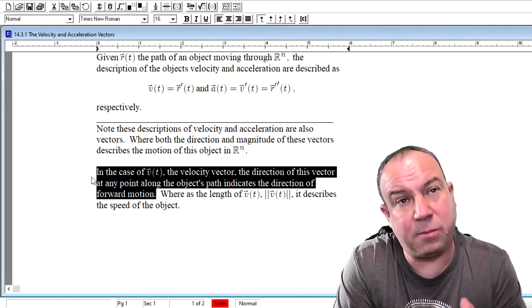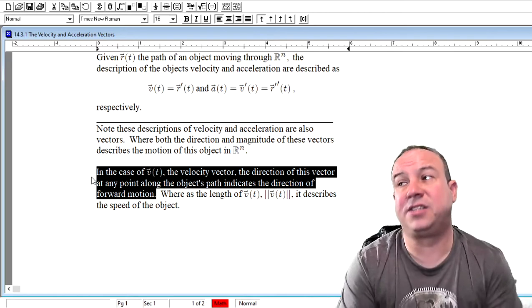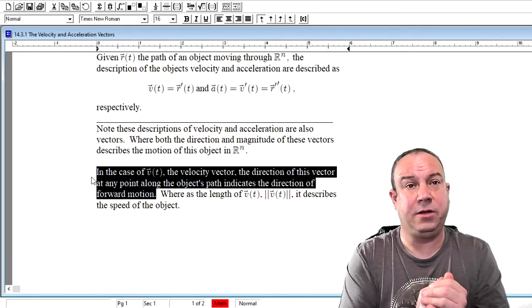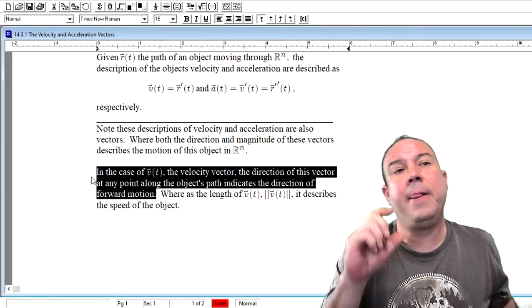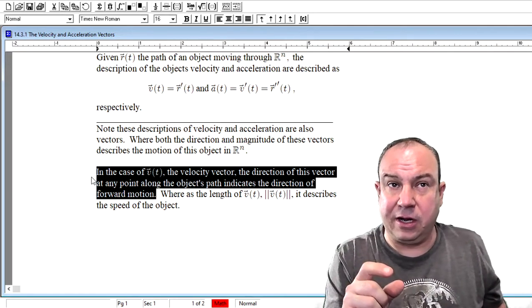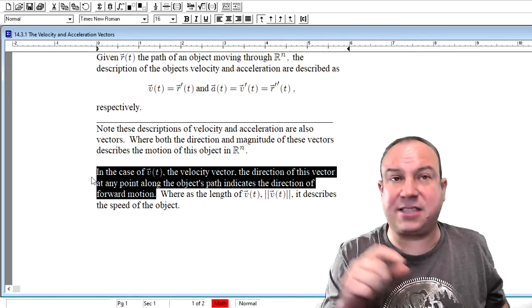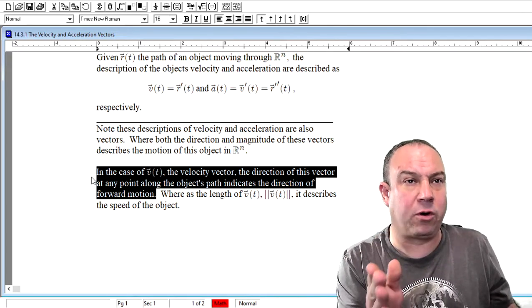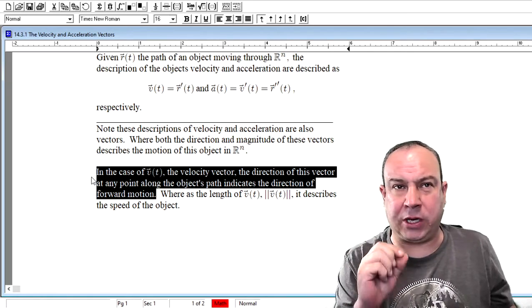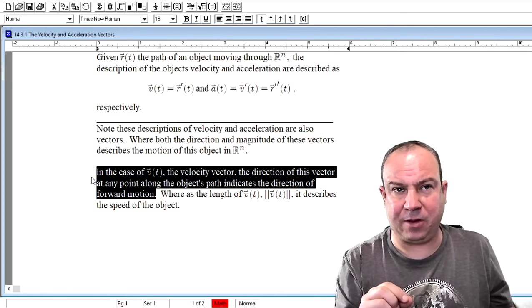And that vector is going to point off in the direction of what would be considered forward motion. Certainly that object may be turning as it moves forward, but the velocity vector is going to indicate what would actually be the true direction of forward behavior at that point in time, right?